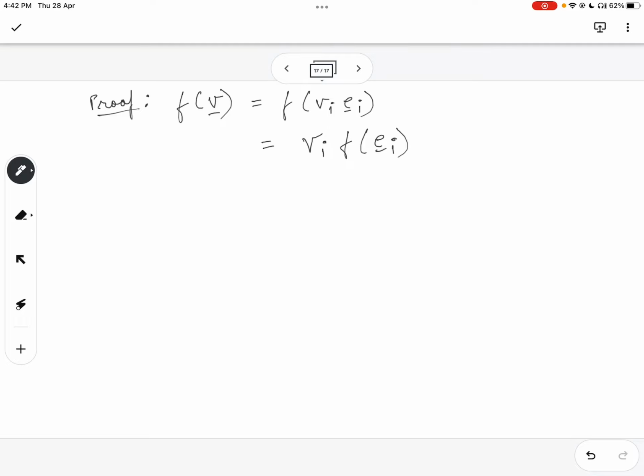The summation is implied, which is v1 f of e1 plus v2 f of e2 and so on until vn f of en.